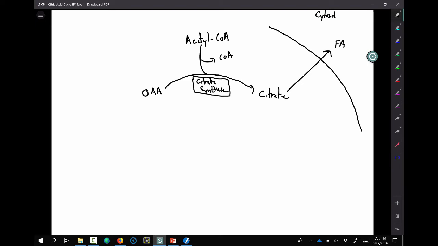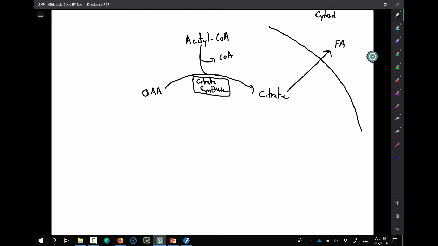And so if signals in the cell are upregulating fatty acid synthesis, you're going to see then this removal of citrate out of the mitochondria. We'll talk about that, and we'll look at the details of how that occurs, obviously, when we get to lipid metabolism, but we're not going to talk about it right now. We'll just say that it happens.